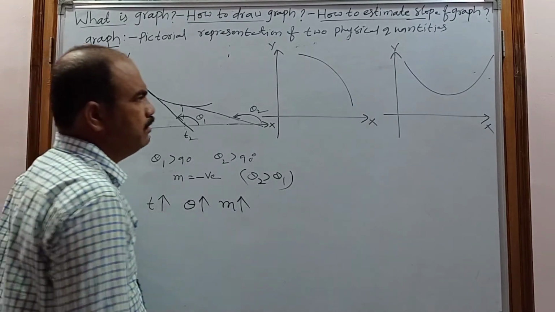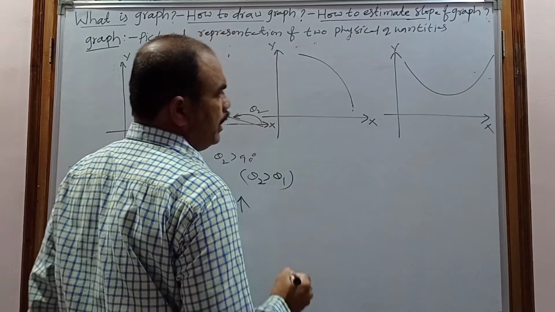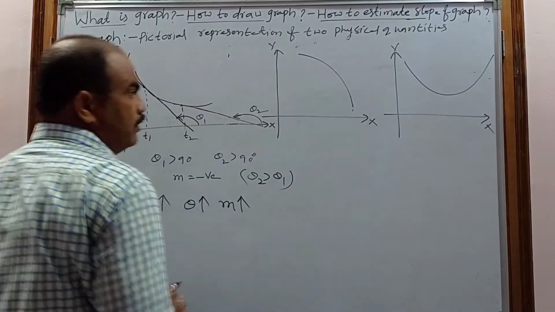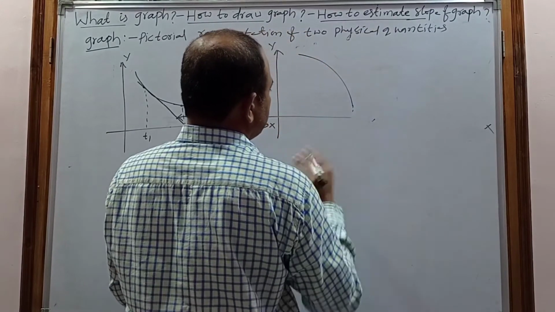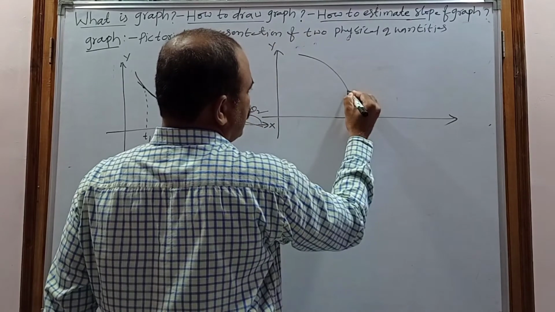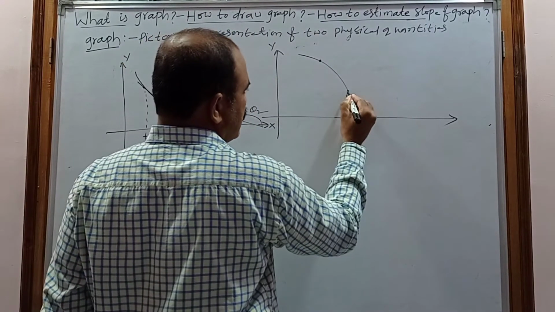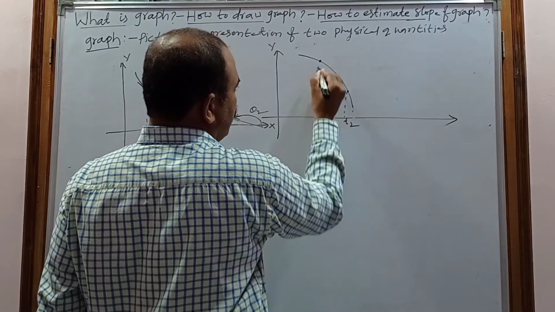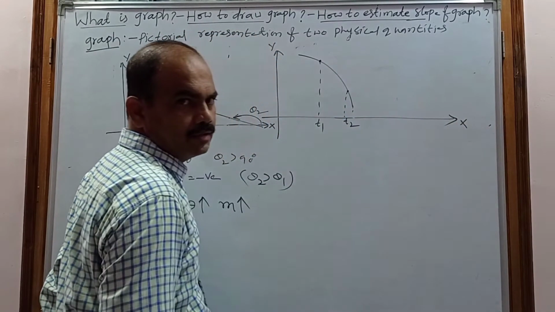So now coming to this graph, how can you estimate? Again, to estimate for this graph, you have to draw the tangent. Select the 2 points on the line; consider this is the t2 time and this is the t1 time, taking time on the x-axis, for example.